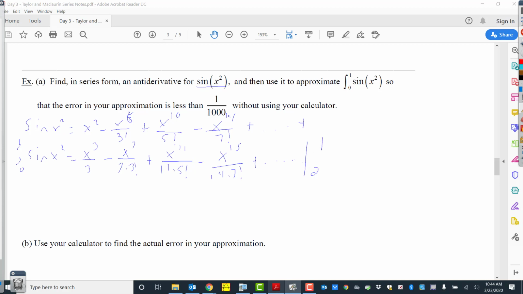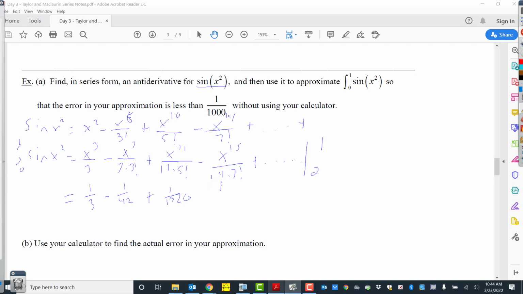When we plug in 0 to all these, we just get 0. But when we plug in 1, we get 1 over 3 minus 1 over 3 factorial times 7. That's 6 times 7, which gives us 42. Plus 1 over 11 times 5 factorial. 5 factorial is 120. 11 times 120 ends up giving us 1320.